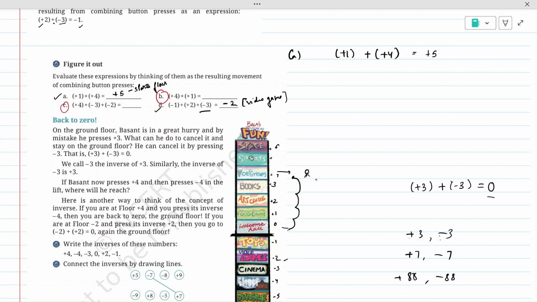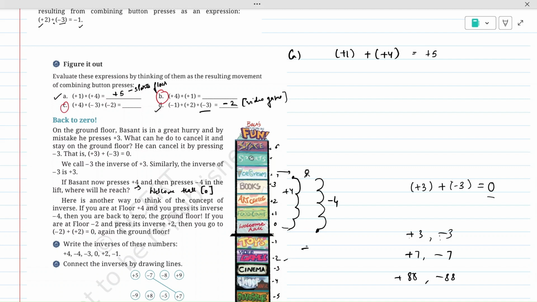Minus means down. So 1, 2, 3, and 4, minus 4. Where will he reach? He will reach the ground floor, that is the welcome hall, the 0th floor.